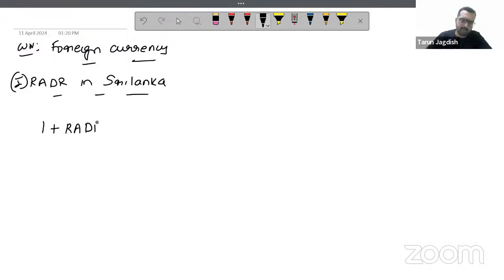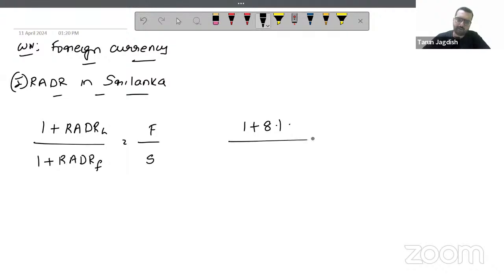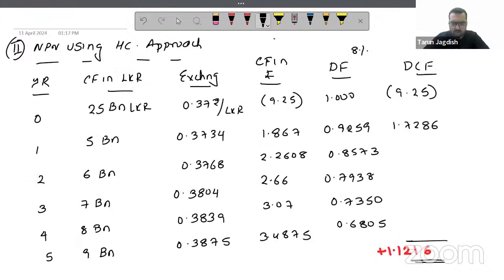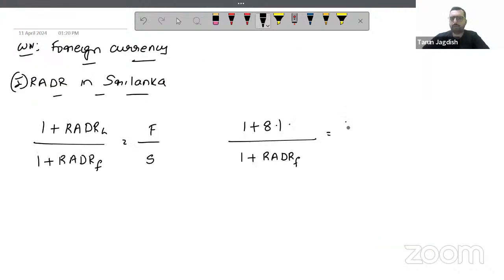How will I do that now? 1 plus RADR of home country divided by foreign country is equal to F divided by S. So it will be 1 plus 8% divided by 1 plus RADR of F should be equal to 0.3734 divided by 0.37.